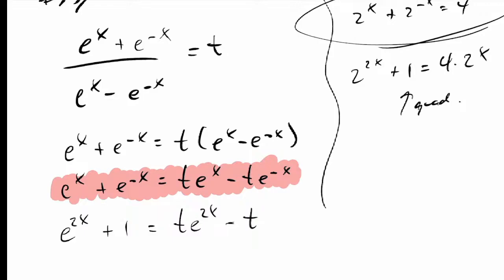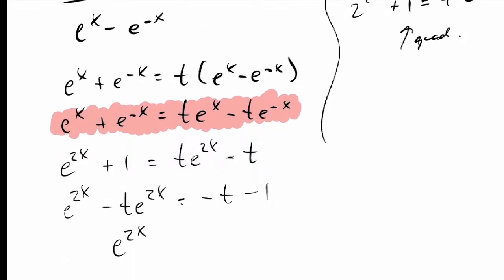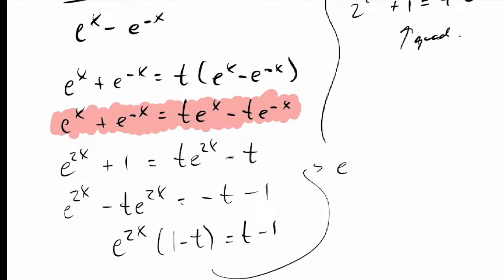In this question, I'm trying to solve for x, so I'm going to group together the x's the best I can, and then factor out an e to the 2x. You remember this? Right? And then you can divide it out.